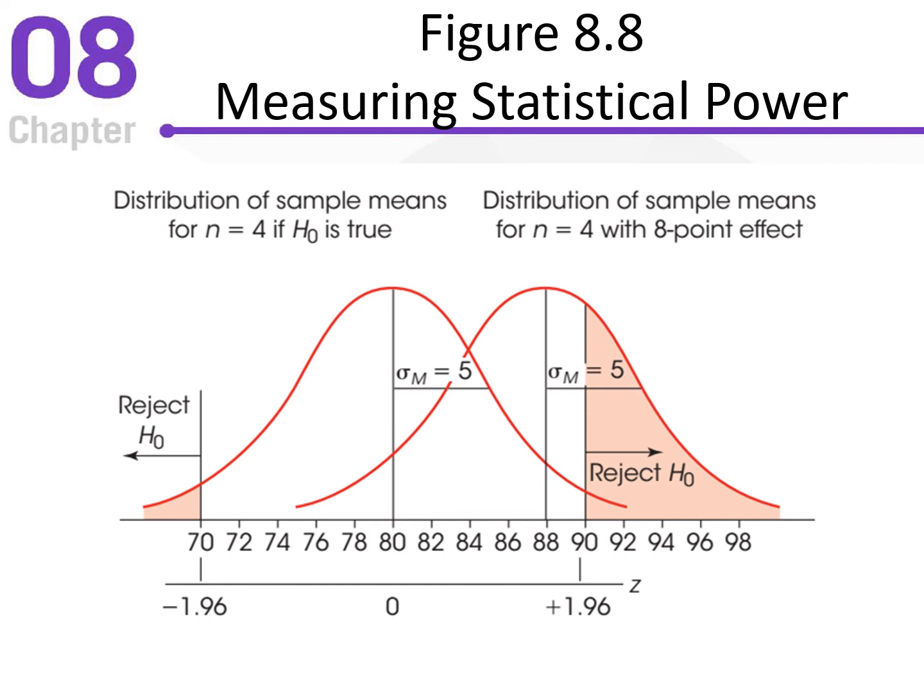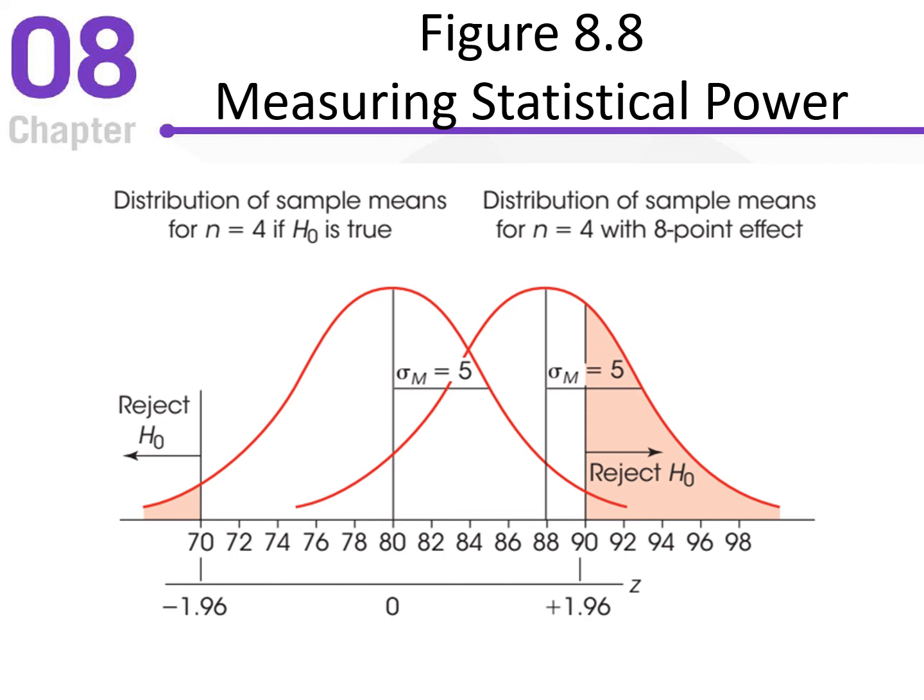And the reason the power is so low is because these two curves overlap. And the reason those two curves overlap is twofold. There's a difference of only 8 points between 80 on the left and 88 on the right as the mean. 8 points is not a huge difference, but if you combine that with the standard error of 5, that means there's a lot more variability.